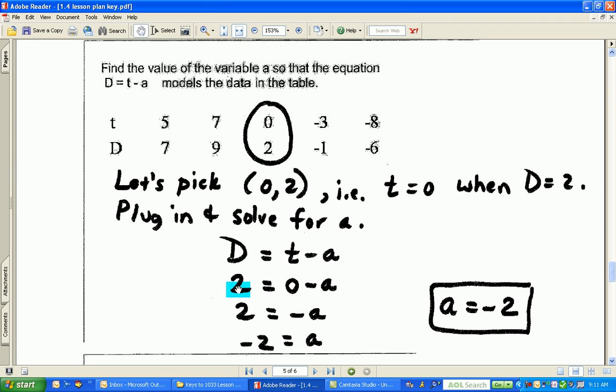So I'm left with 2 equals 0 minus a, 2 equals the opposite of a, and of course if I'm solving for a, I can't leave that minus sign in front. So I multiply or divide both sides of the equation by -1, and I'm left with the answer a is -2.